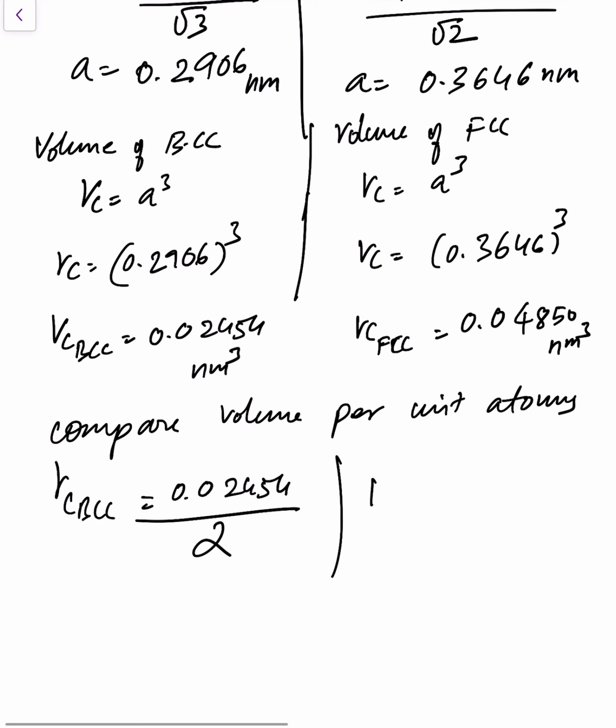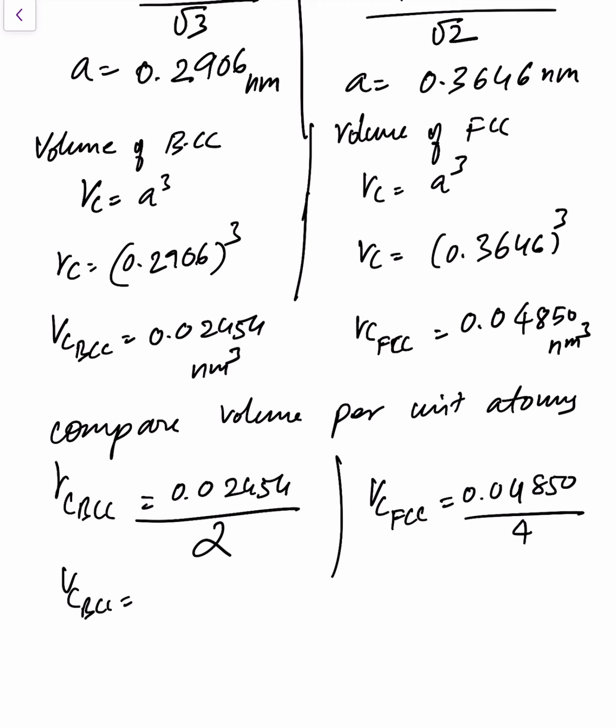Okay, versus volume for an FCC will be equal to 0.04850 divided by 4. Okay, and that will give you volume for BCC, which is equal to 0.01227 nanometer cubed, and volume for FCC, which will be equal to 0.01212 nanometer cubed.